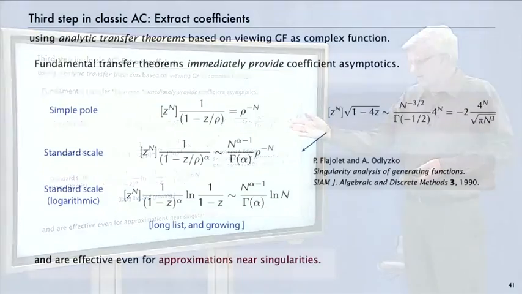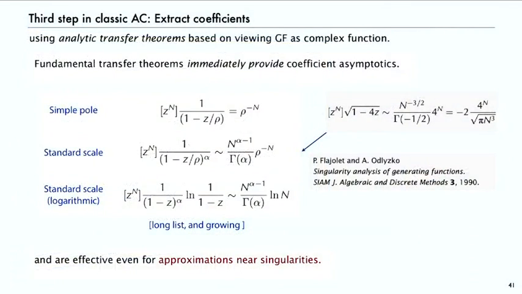But for example, for our problem, if you want the coefficient of z to the n in square root of 1 minus 4z, you just plug in the standard scale equation, alpha equals minus 1/2, and rho equals 1/4, and immediately you get the asymptotics of the coefficient.